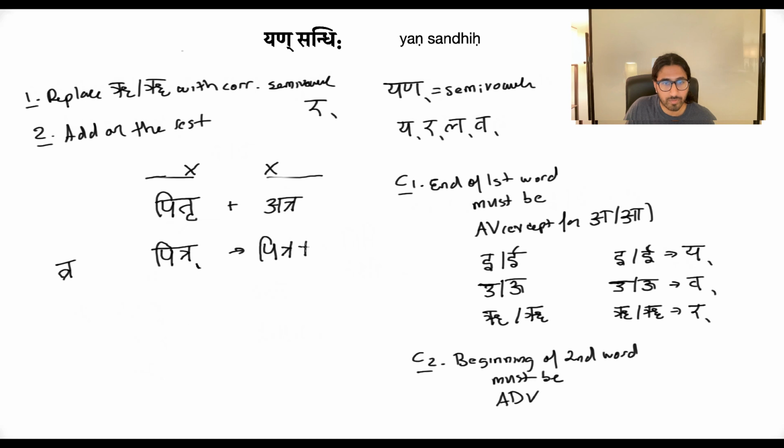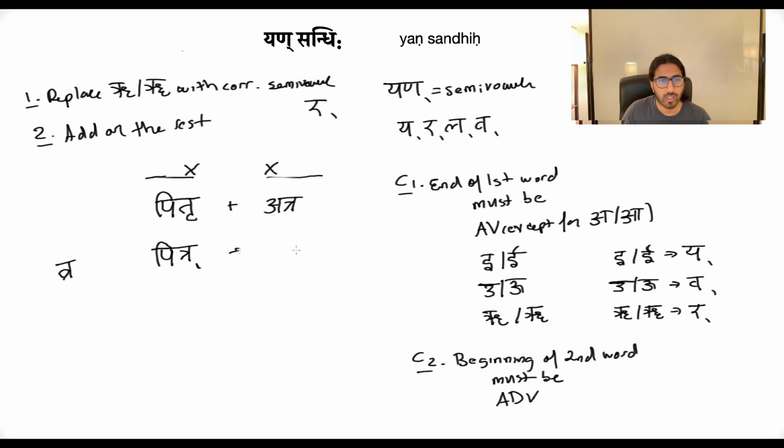Because we have pitra, and then you add atra. Pitratra. You would see it in its final form, and then you'll say there's no word called pitratra, but I know that there's pitru and atra. Oh, okay, it probably formed like that. Again, with this particular vowel, ri and ri, you're not going to see that much of the yan sandhi, so don't worry. It's just worth knowing.